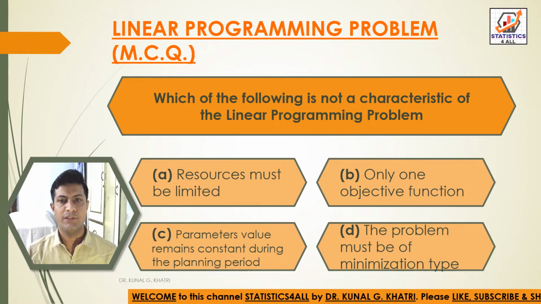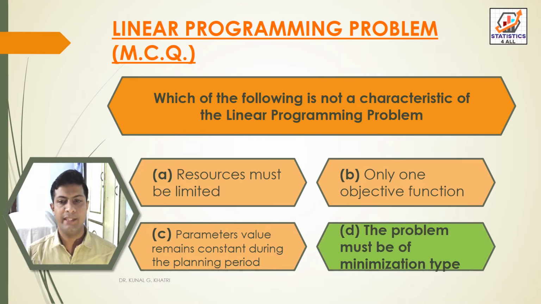So here we have answer option D, the problem must be of minimization type. So in short we can say that characteristics of a linear programming problem are resources must be limited, only one objective function, and parameters value remains constant during the planning period.